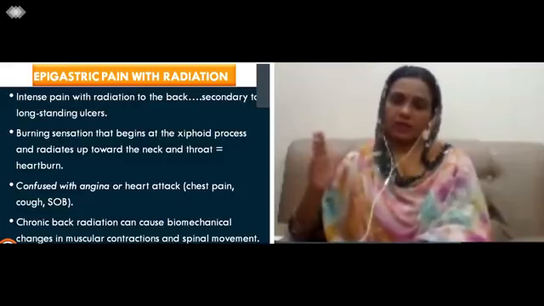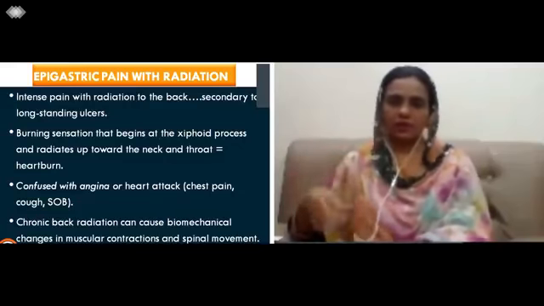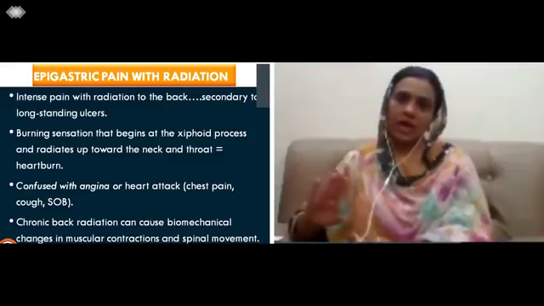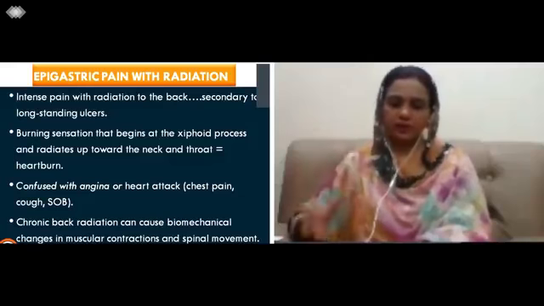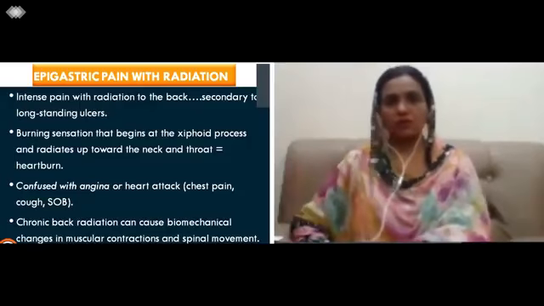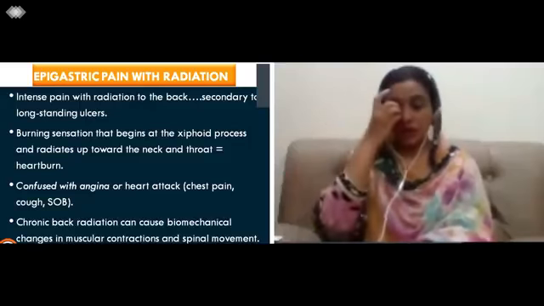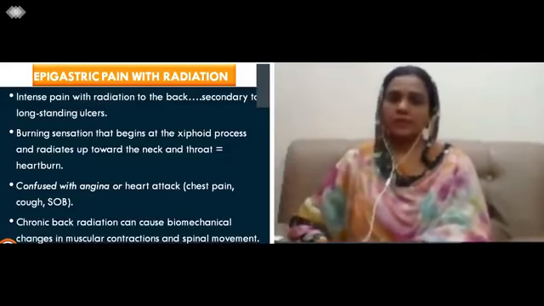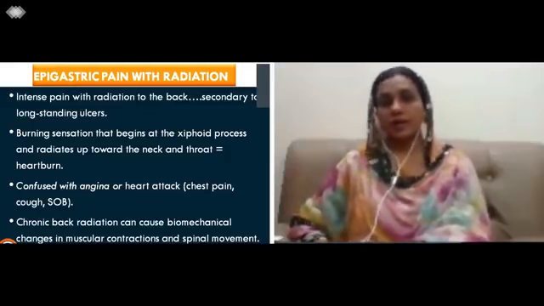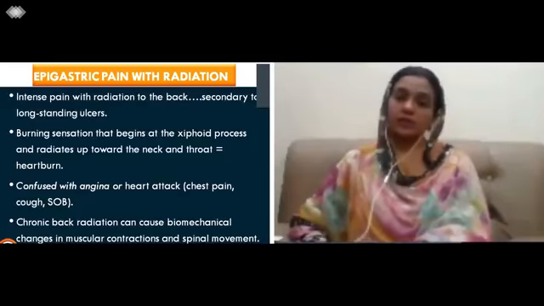Once again, if you remember in the previous lecture, I showed you a picture where it was showing the epigastric pain, and also the radiation of the pain was in your mid thoracic area. So if there is intense and sharp pain in the epigastric region, and it is also radiating towards your back, sometimes the reason behind this kind of epigastric pain can be ulcers, long-standing ulcers.